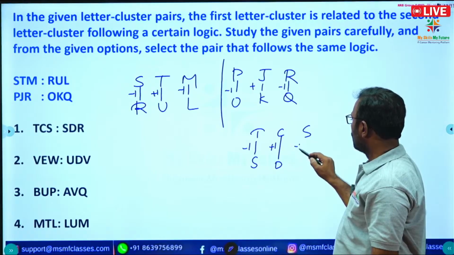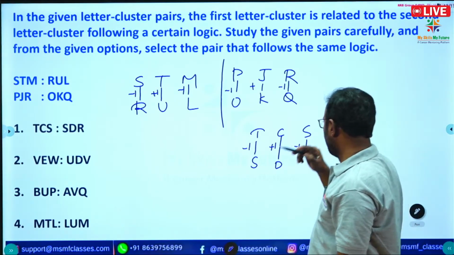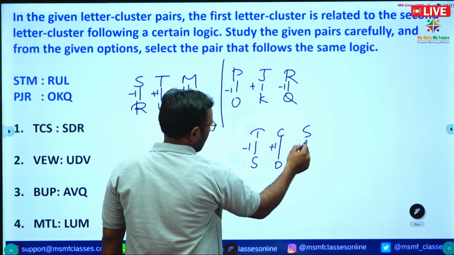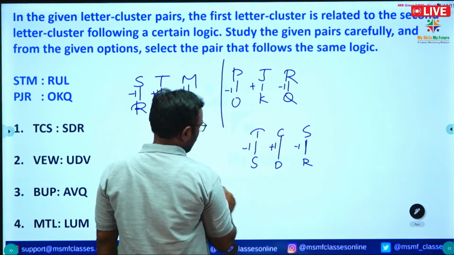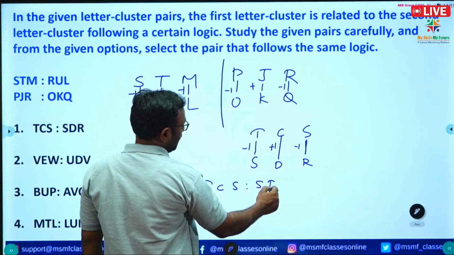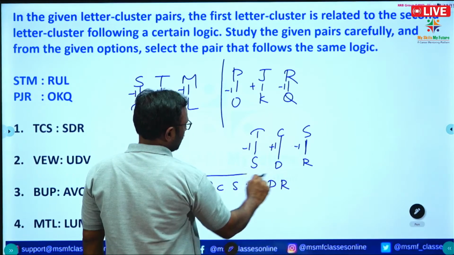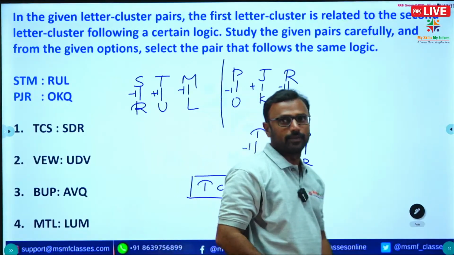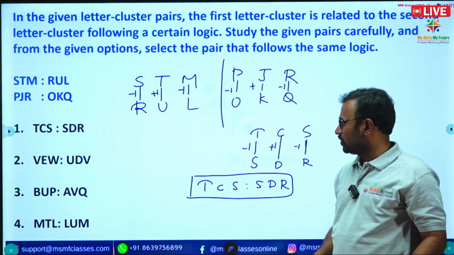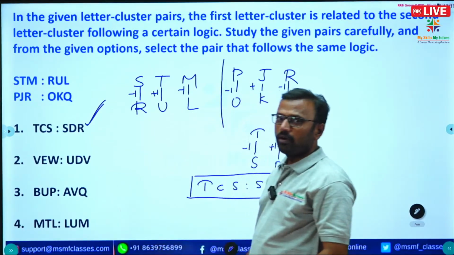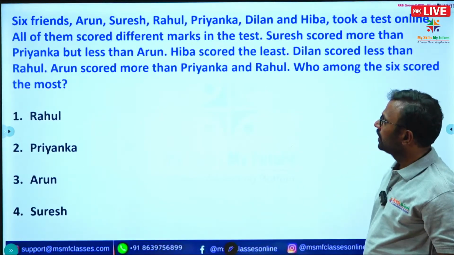Here also minus 1, so R. So TCS can be written as SDR. So what is the logic? Minus 1, plus 1, minus 1. Option 1 itself is correct, no need to check the other options.